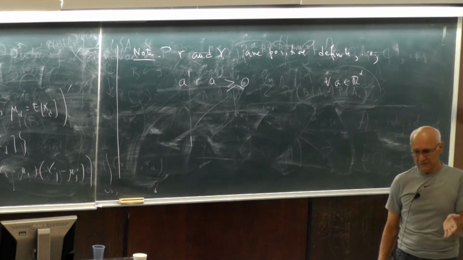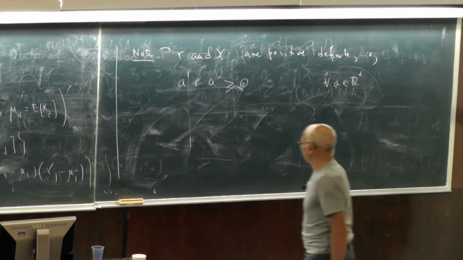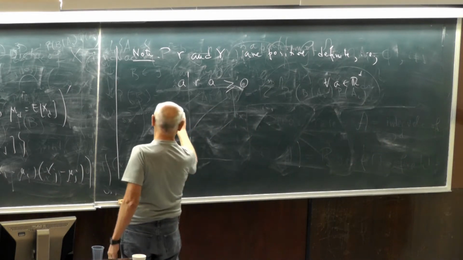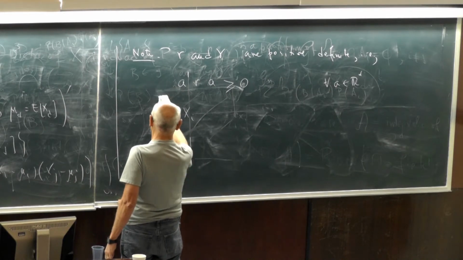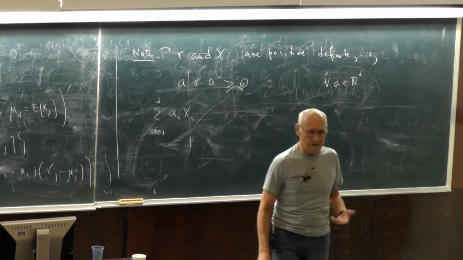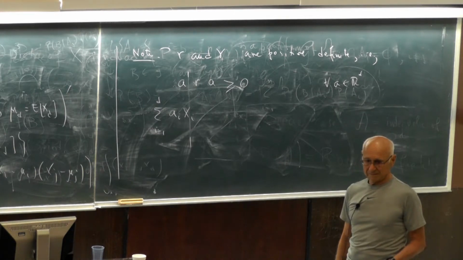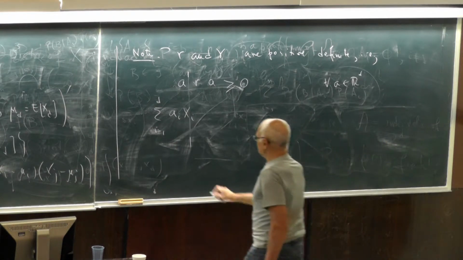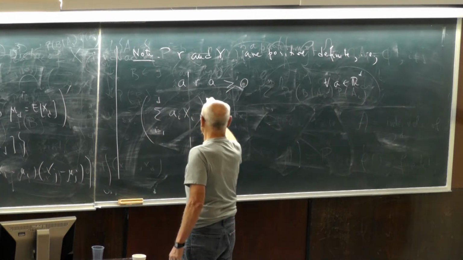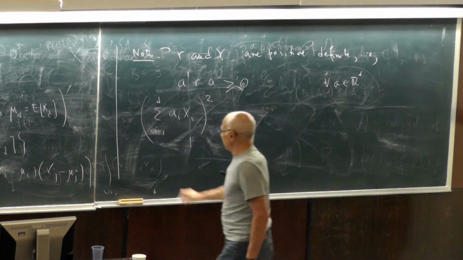The proof is very simple, and let me just give you a very quick one. Consider this quantity, where a_i are the coordinates of vector A. This is a random quantity, random variable, right? Square it, still random variable.